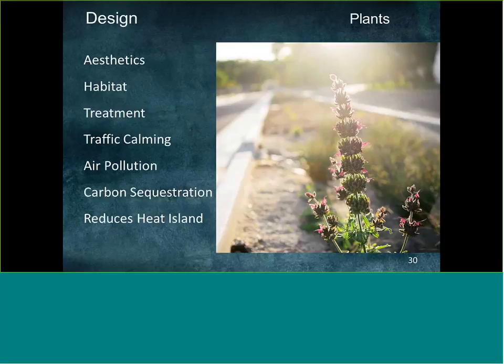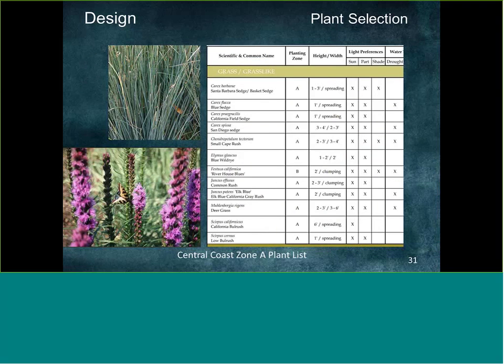And when you use native plants, you're maximizing that, because that's where you can get the habitat, the reduced water use, and the longevity and potential for greater success of the plant material. So for plant selection, there are a lot of resources on the LEDI website.